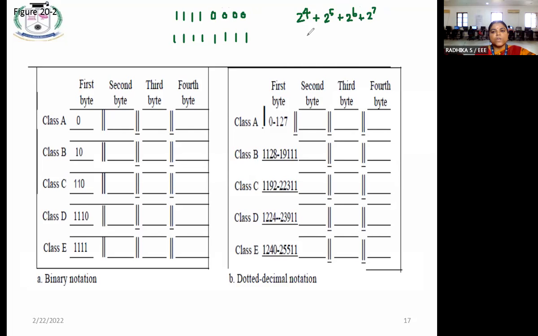2 twos are 4, 8, 16, plus 32, plus 64, plus 128. Just add all of them together. What is the number you are going to get? If I convert all these ones into the equivalent decimal, what will you get?